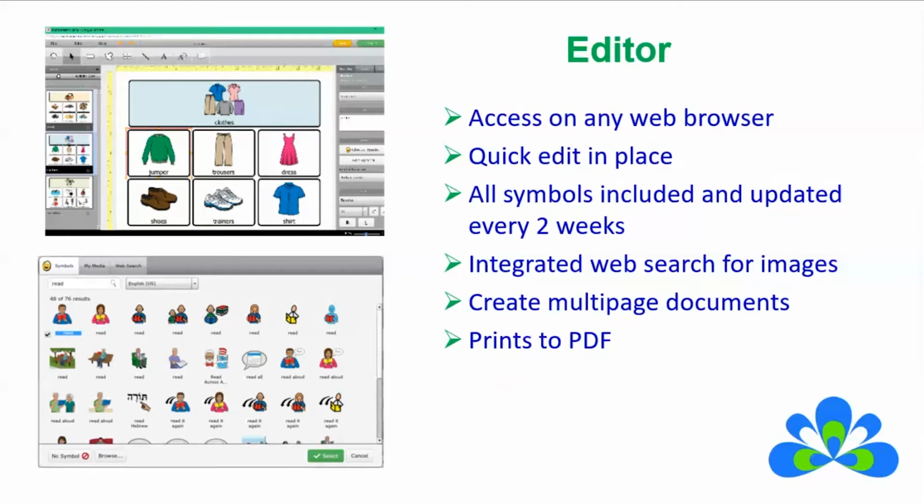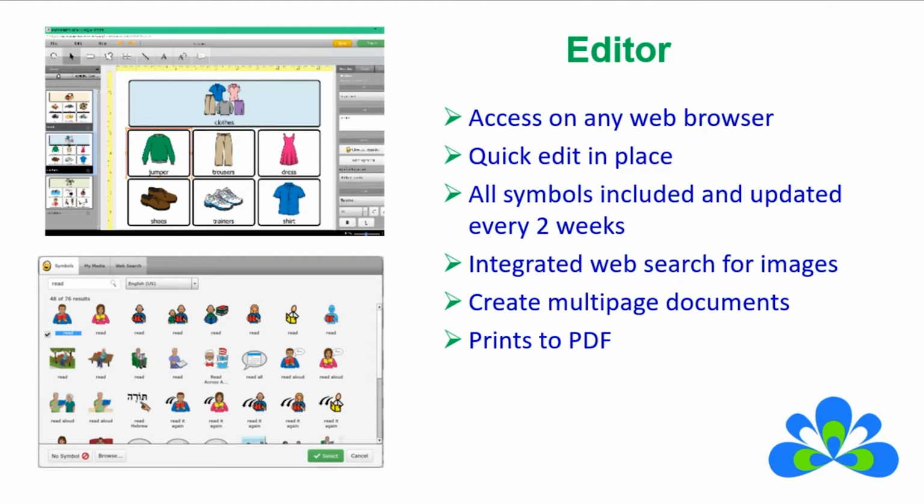So today we're focusing on the editor, which can be accessed on any web browser. It's a quick edit in place. All symbols are included and updated every 2 weeks in Boardmaker Online, whereas if you just purchase the installed Boardmaker Studio, you need to update those symbols, whereas Boardmaker Online is updated automatically.